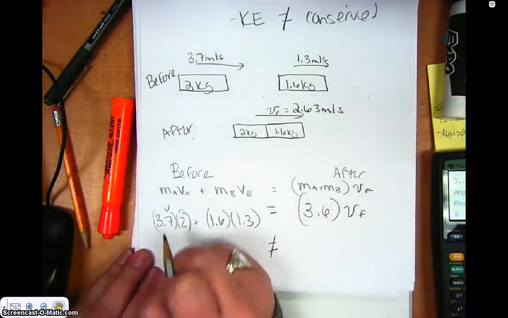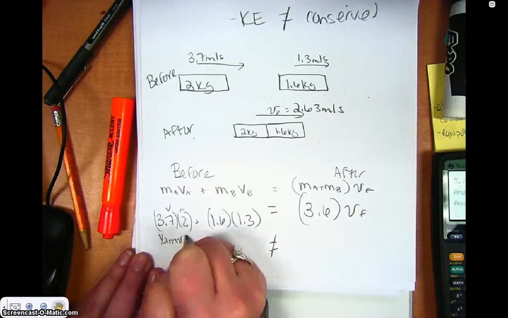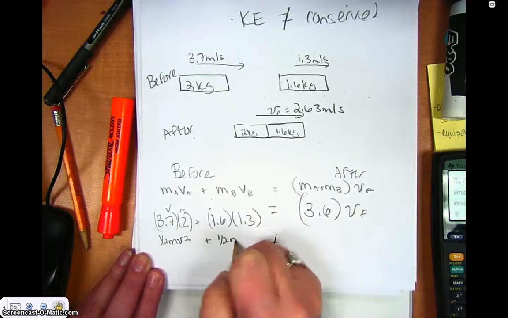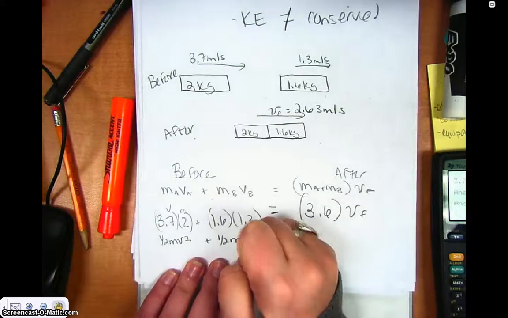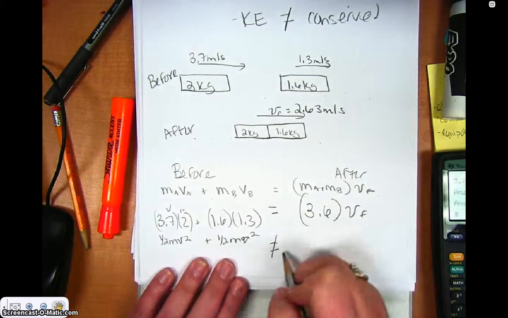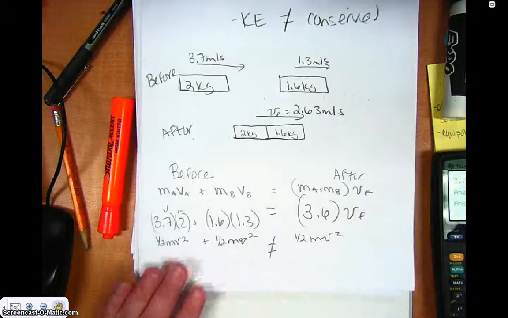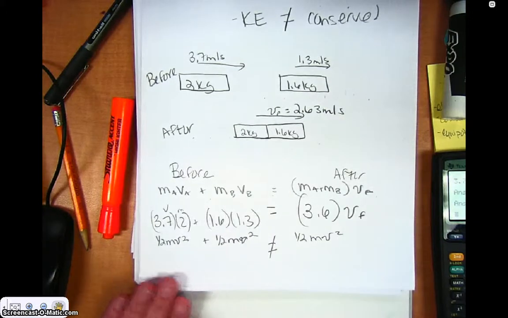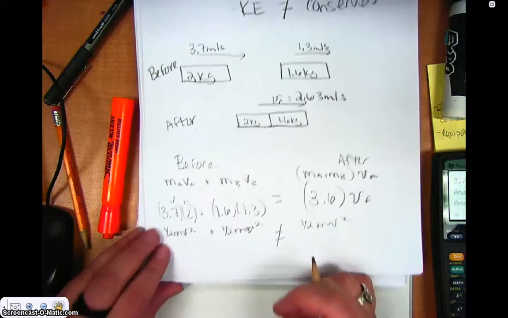So the kinetic energy before, we're going to have 1/2 mv squared plus 1/2 mv squared, which is not equal to the 1/2 mv squared at the end. Let's plug in those numbers and calculate what we get here and what we get here, and then take the difference.